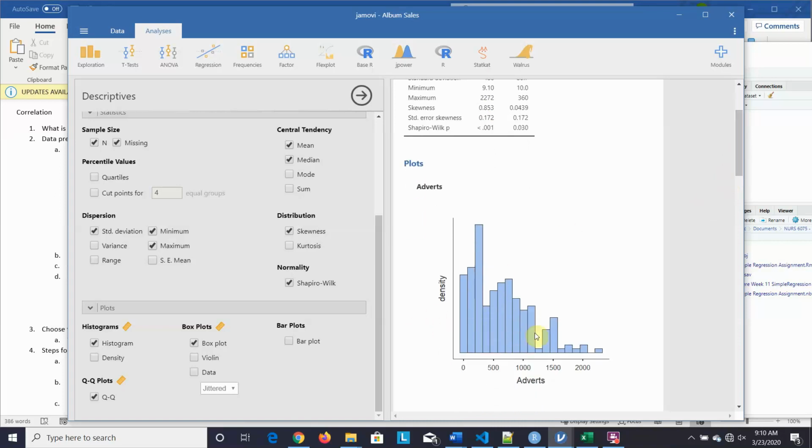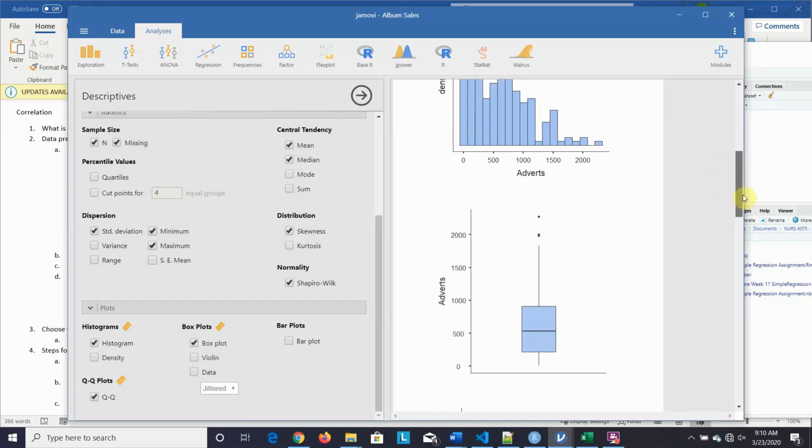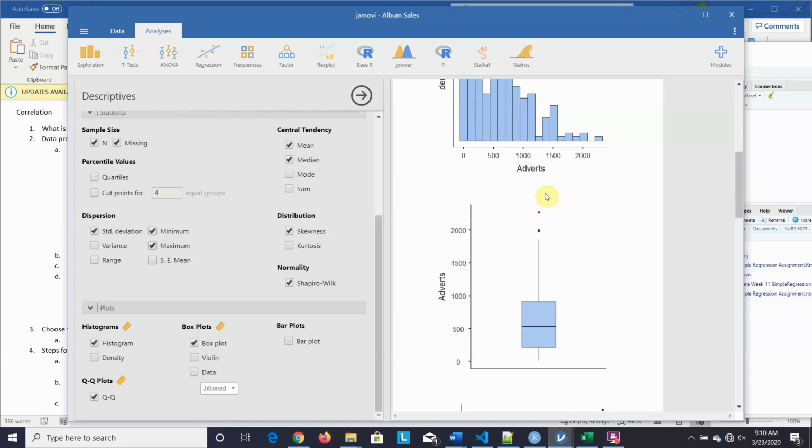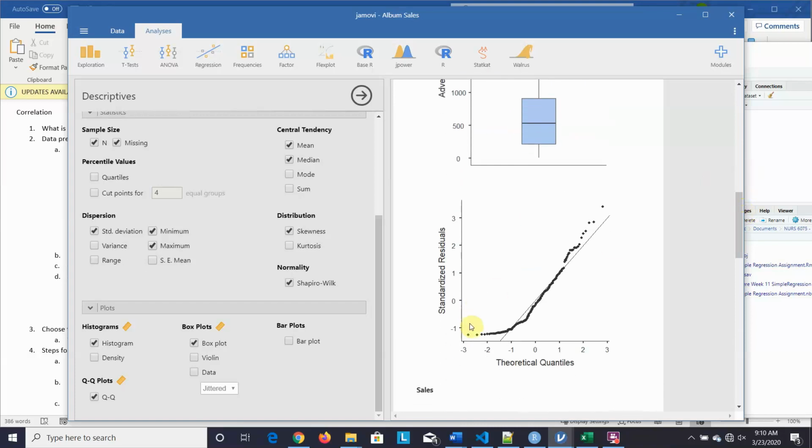There's our histogram, and there are obviously outliers there. This is not just skewed to the right. We can see on our box plot, we do have some dots up there for outliers. And on our QQ plot, you can see that things leave that normal line.